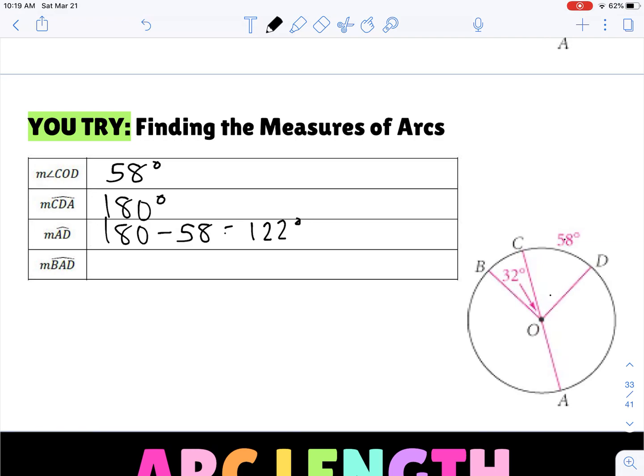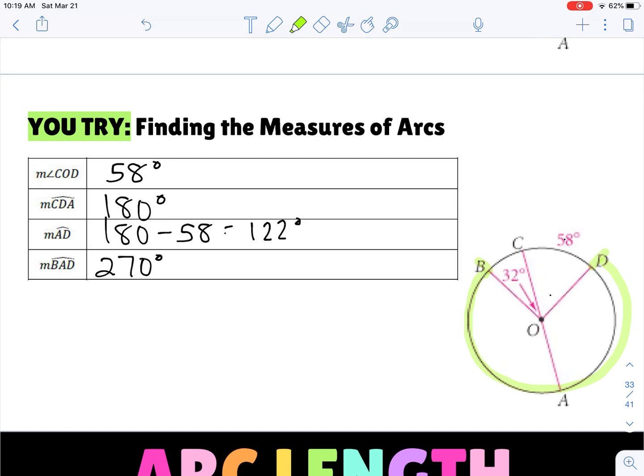And the measurement of arc BAD would be 270 degrees because arc BAD, these are my endpoints, B and D, tells me to go through A. So we're talking about a major arc here.